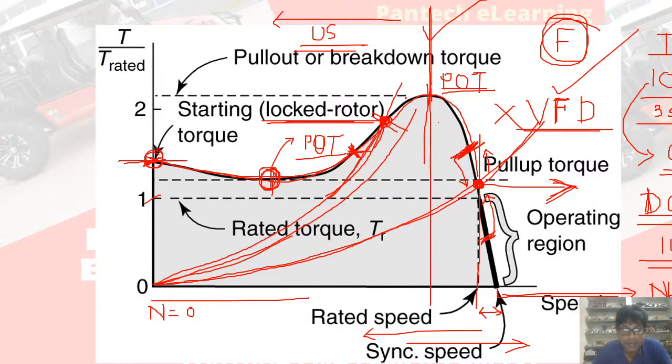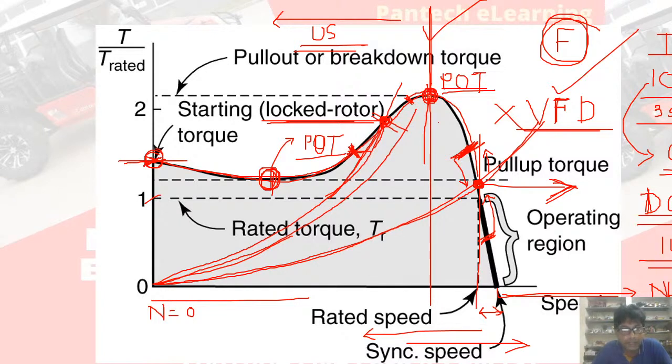Now say another condition, my torque is here, my electromagnetic torque is here. So now my torque is higher than my desired torque, so it will run faster to catch that torque. If it runs faster, it will go towards this and it will reach the stalling torque.